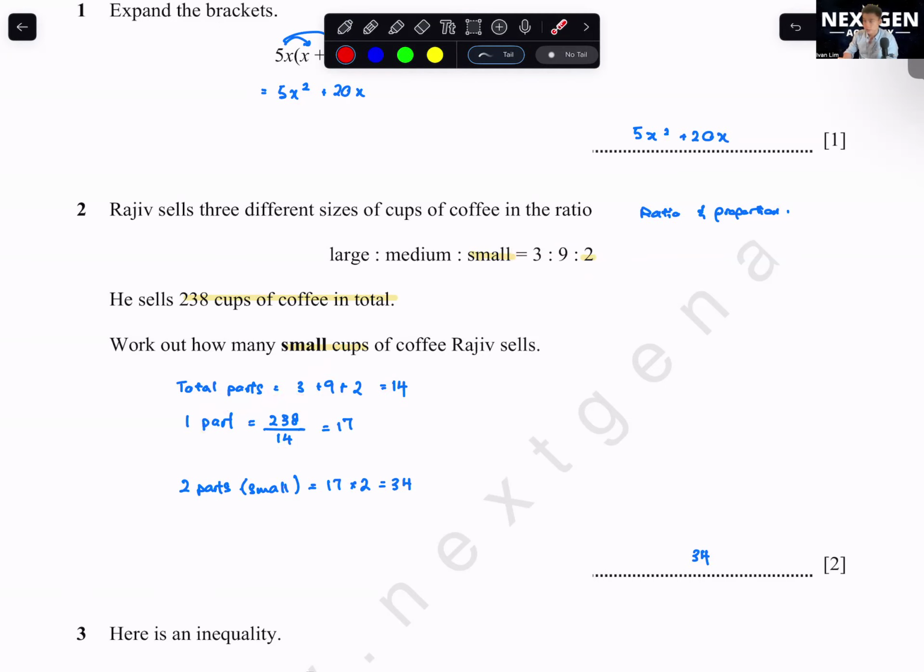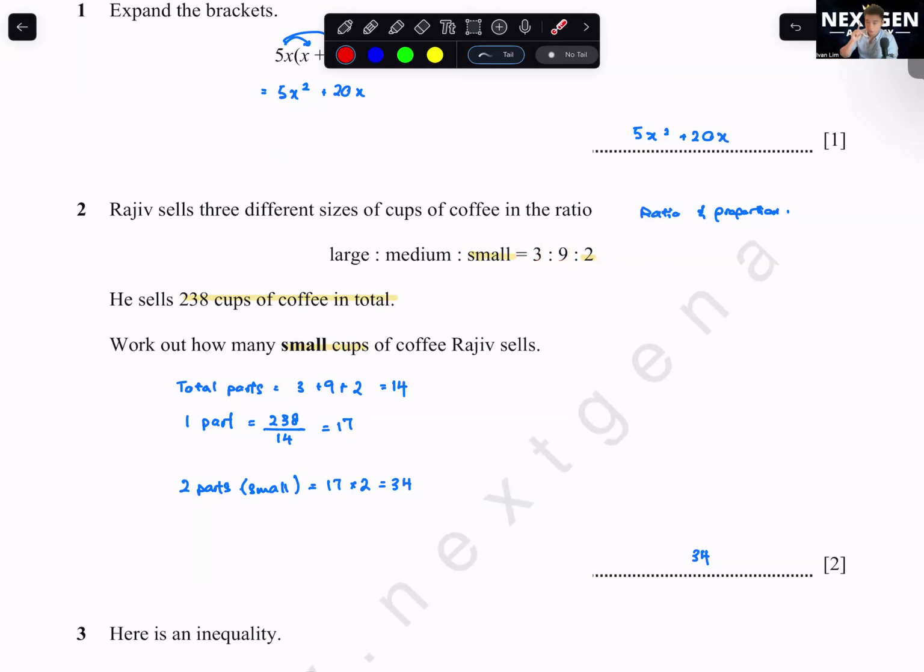Susie, which part don't you understand? This is ratio and proportion. You got total parts that is equivalent to this. So you need to find how much each of these parts represents. How to find the parts?